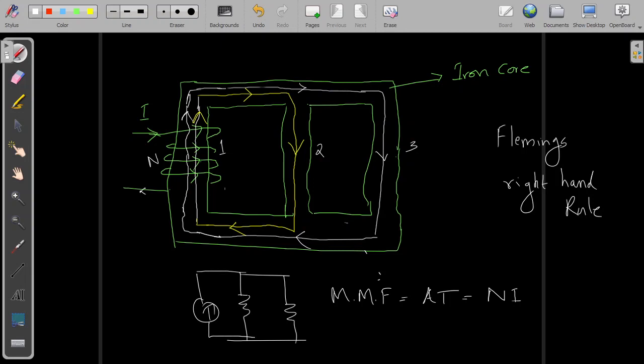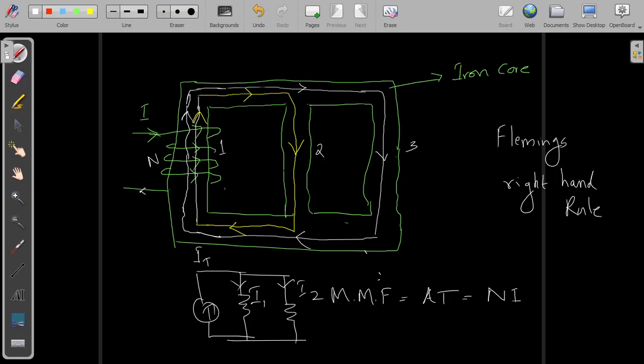So, total current IT, and I1, I2. In this manner current will be divided. So the same process is happening in this magnetic circuit also.